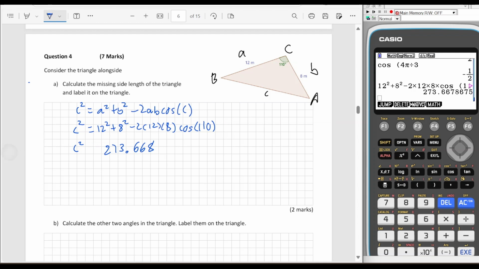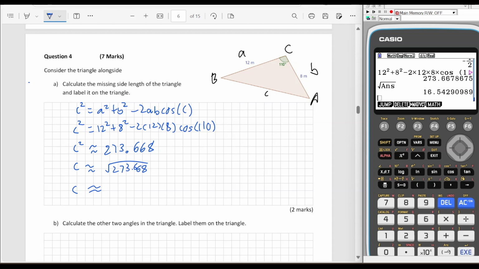So that's still an approximately equal sign because I've rounded that down. But so C roughly equals the square root of that. So that roughly equals, now I'm going to go square root and really importantly, shift answer to put the whole answer in, not just the rounded version.